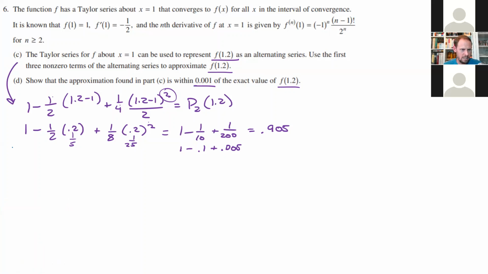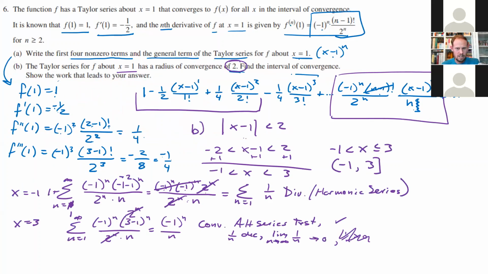So for part D, we want to say that the difference between the second degree polynomial at 1.2 minus the actual function value at 1.2 is less than the absolute value of the third degree term. So we look at the next term, which is this guy.